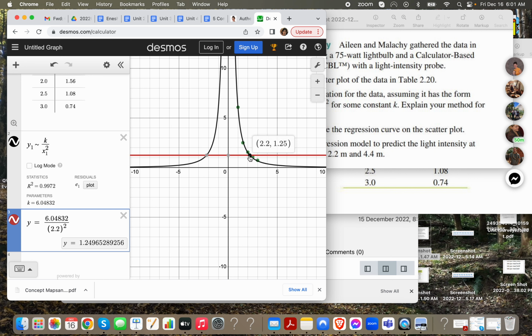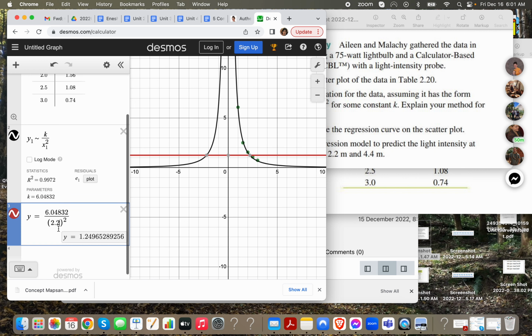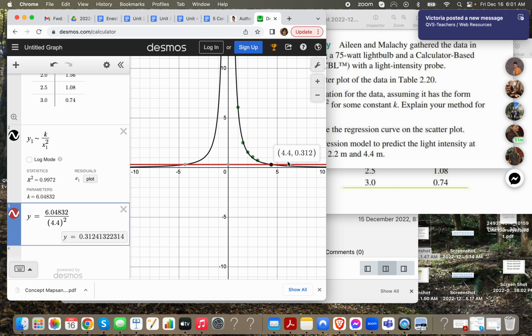And it's going to tell me, oh, it predicts 1.25, right? And if I wanted to make that be 4.4, I'll just make my life faster. 4.4 predicts it to be 0.312.